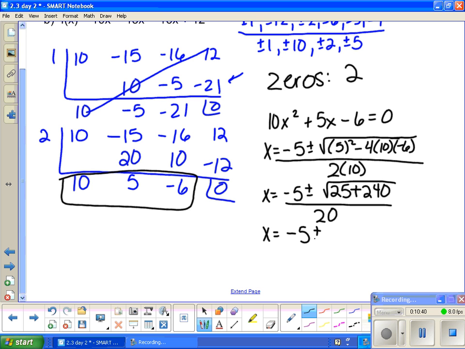Negative 5 plus or minus square root of 265 over 20. Now what I want to do is check to see if the square root of 265 simplifies.